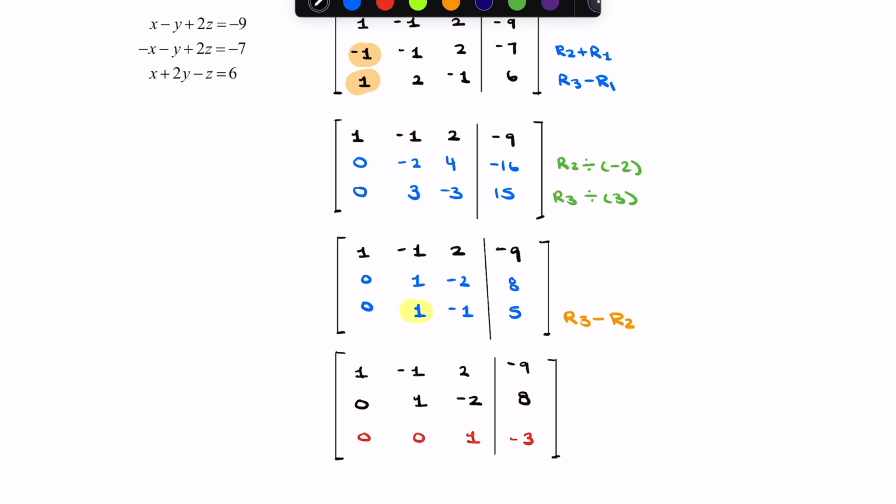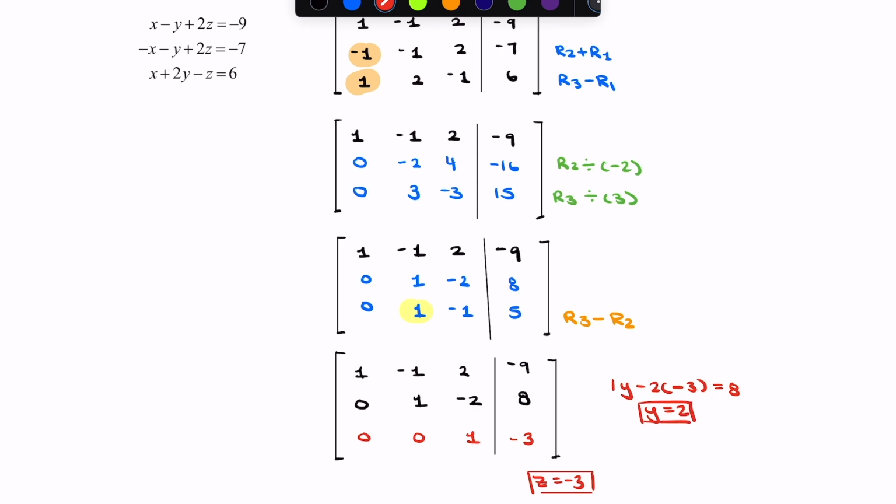And so again, from our third row, we can find our value of z, so z is equal here to -3. From our row 2, we can find y. So 1y minus 2 times z, which is -3, is equal to 8. Therefore, y is equal to 2.